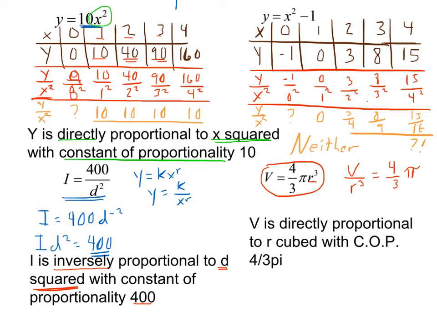Not really sure how to get the pi in the math type there, but we got v is directly proportional to r cubed, because remember we are cubing that over here, with our constant of proportionality, abbreviated this time, 4/3 pi. This is the volume of a sphere. The volume of the sphere is directly proportional to the radius cubed with constant of proportionality, if I ever divide those, 4/3 pi.